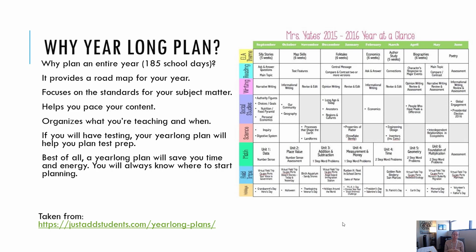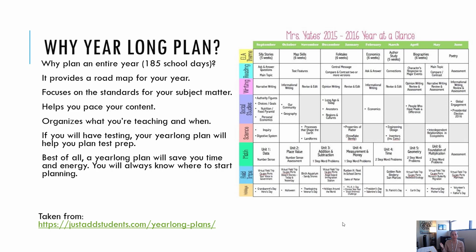Write it in pencil. It helps you pace your content. So you need to cover every standard that's listed in your standard course of study. If you don't develop a year-long plan, you end up spending so much time on specific standards, you get to the end of the year and you're like, oh my gosh, I didn't cover everything I needed to cover.